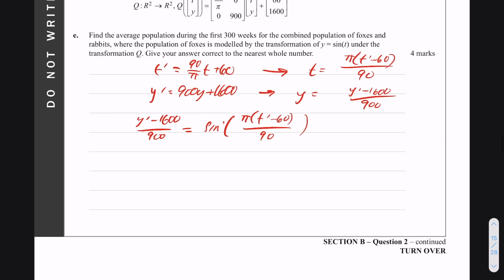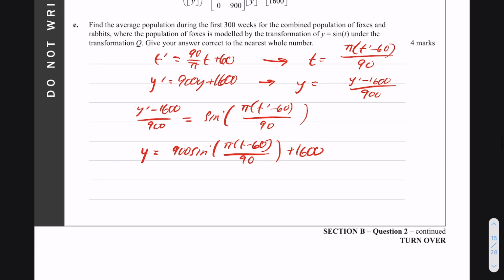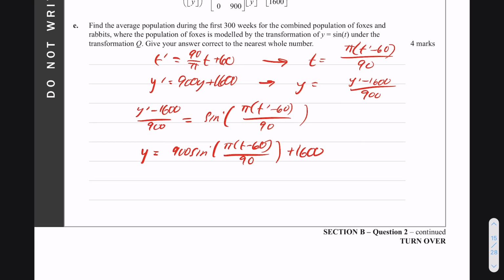Now we can get rid of the dashes, so y is equal to 900 sine pi t minus 60 over 90 plus 1600. Okay, and that's for the foxes.